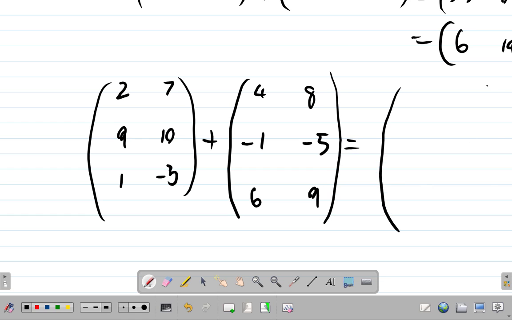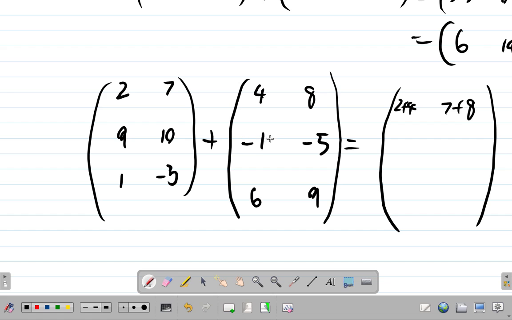We're going to add these two matrices. You will see that it's 2 plus 4. That will be here. Row 1, column 1 plus row 1, column 1 gives you row 1, column 1. 7 plus 8. You catch it now?